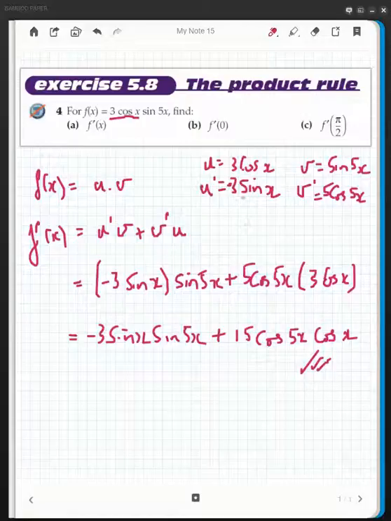Part B says f dash of 0, and part C says f dash of pi on 2.